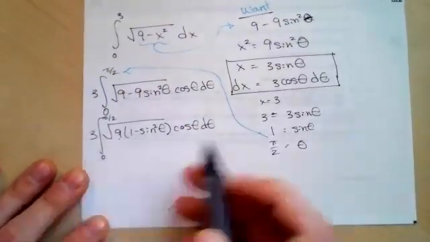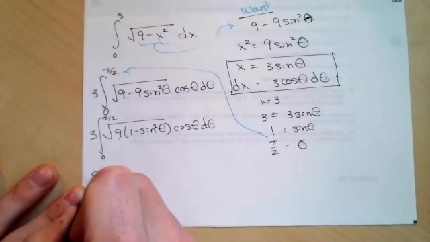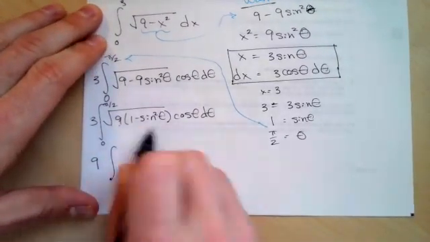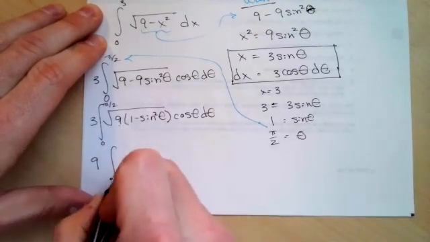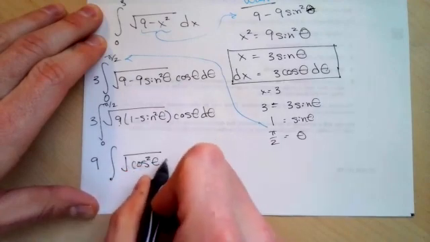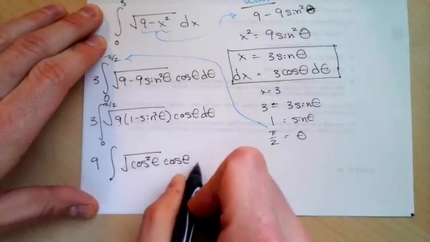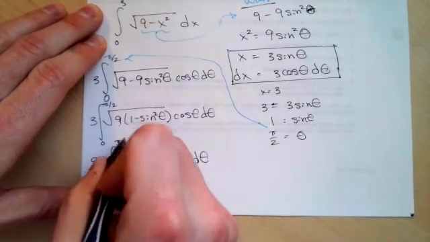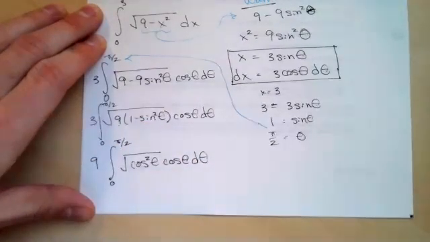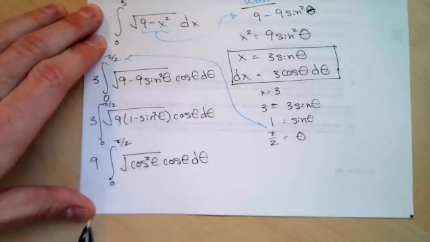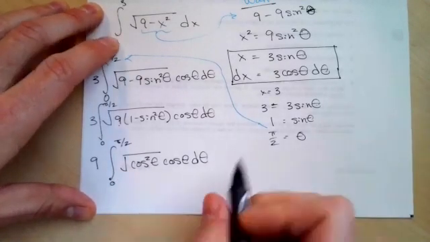The square root of 9 is going to give us another power of 3. So we'll have 3 times 3 as our constants. 1 minus sine squared is cosine squared. Square root of cosine squared is 1 power of cosine times our extra power of cosine.